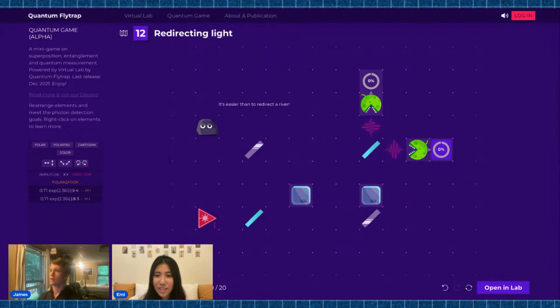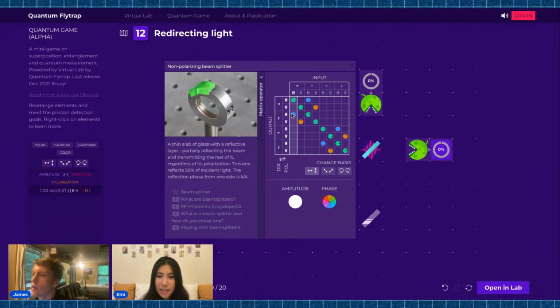We had one of the levels which had the photons merging. Can you show the matrix operator chart again for the beam splitter? So it splits it up into 2 phases. Okay, so it looks like it's splitting it. If you would just take one and put it through the beam splitter, it looks like it's splitting it into 2 of the same thing, but it's actually splitting it into 2 photons of different phases.